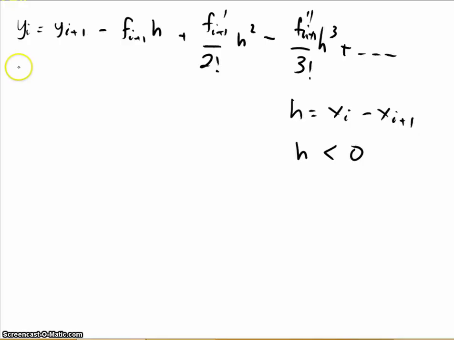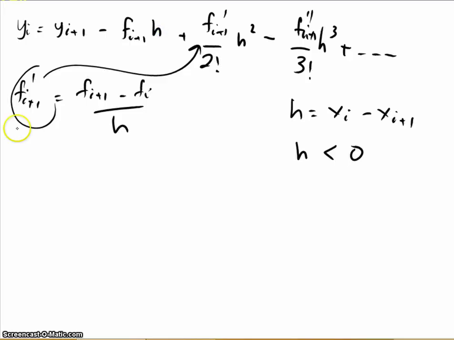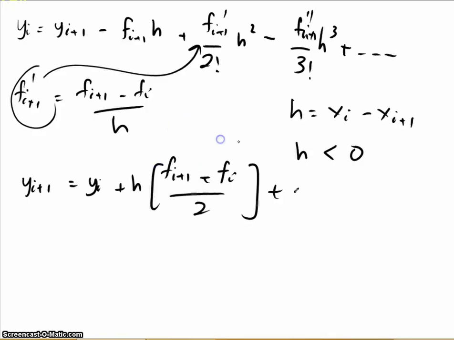Okay, so again, if I use finite difference approximation to find my f_{i+1}', this would give me (f_{i+1} - f_i)/h. If I substitute this into this expression here, after rearranging I get y_{i+1} = y_i + h(f_{i+1} + f_i)/2, and this would also have an order h³ accuracy.